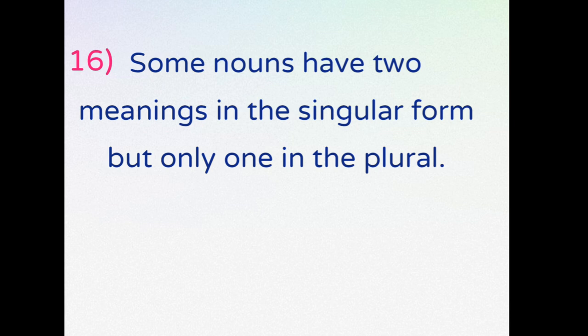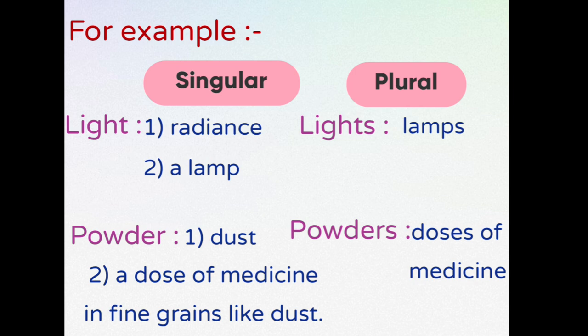Next point is, some nouns have two meanings in the singular form but only one in the plural. For example, if we talk about light in singular form, it has two meanings. Light means either radiance or a lamp. But in plural, lights has only one meaning, that is lamps. Another example, powder.